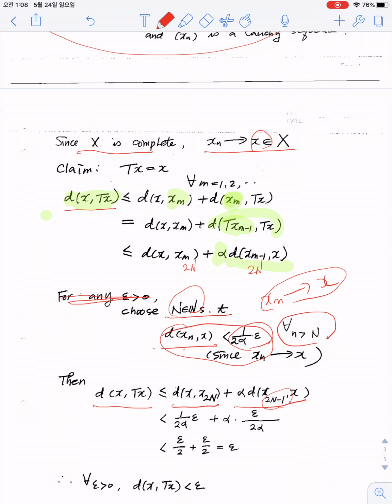So both of them are less than epsilon over 2 alpha, so alpha times epsilon over 2 alpha. Then alpha is between 0 and 1, so 1 over alpha is greater than 1.